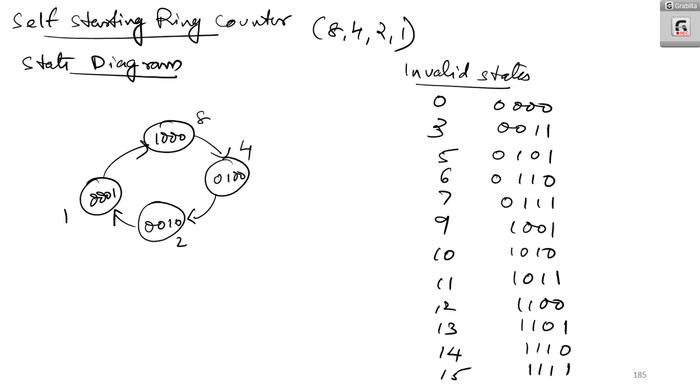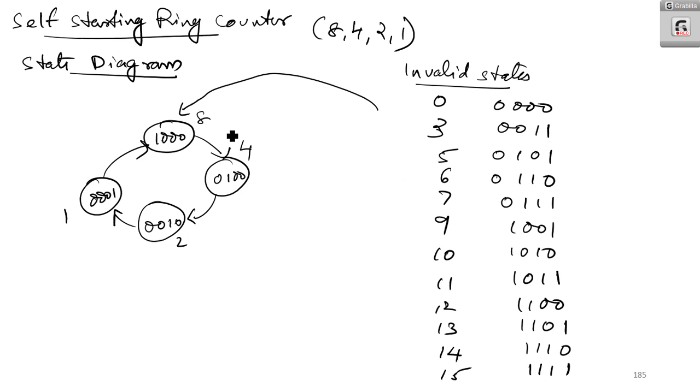You should make it go to the first state, the initial state, or any valid state. So here what I am going to do is, if any of these invalid states comes, it will be counted back to 8. That is 1, 0, 0, 0. That is what I am going to do here.